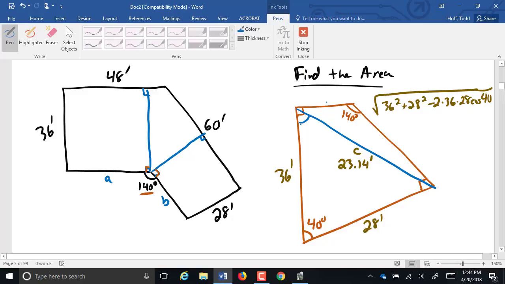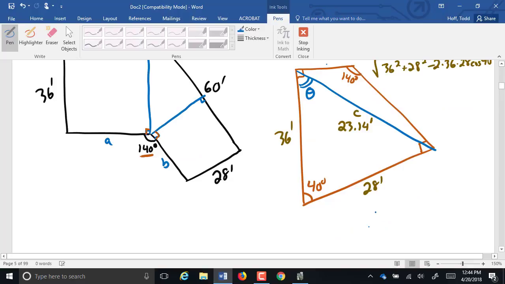Let's find this angle here. Why am I going for that angle? 28 is the smaller side. So how are we going to find that angle? 23.14 over the sine of 40. That's its opposite side angle.